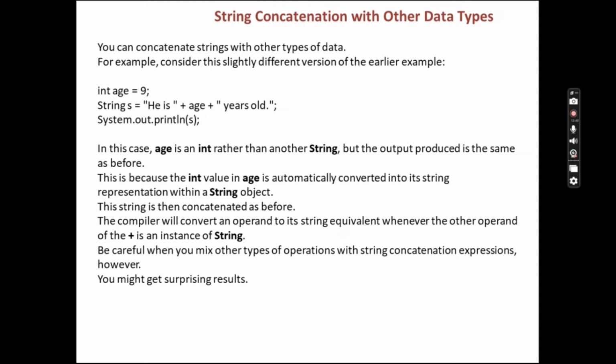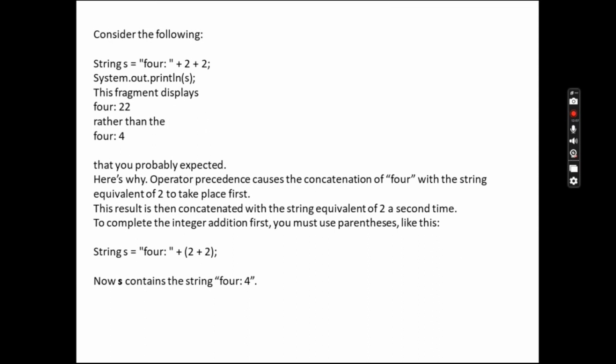The compiler will convert an operand to its string equivalent whenever the other operand of the plus is an instance of the string. Be careful when you mix the other types of operations. Why? Because of this result here: 4 plus 2 plus 2. So what does concatenation do? As the string concatenation operator has the highest priority, it will display 2 appended by 2.